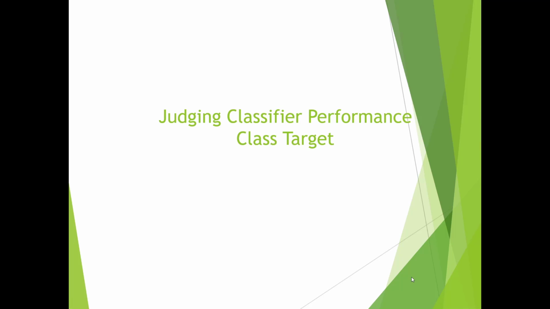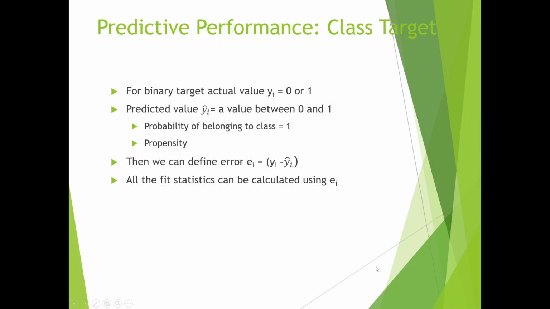Classifier performance is when your target is not an interval target, but a class target. Usually a binary target, which means 0 or 1. So there are only two possible values for the target. If you have more than two, there are ways of handling that, but in most cases it's only two values. For a binary target, the actual value of y is either 0 or 1.